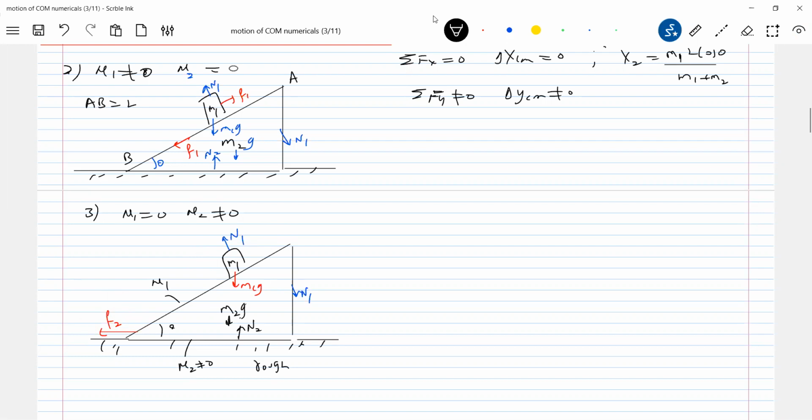What about along y-axis? In all the cases, the net force along y-axis will be non-zero. So here what will happen? We'll get delta xcm non-zero. No longer can you use this formula to calculate the displacement of the wedge. Then how to do that?